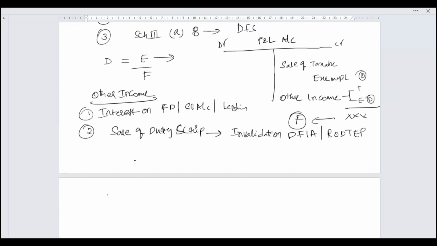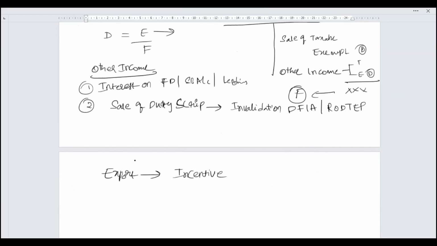When I export, government gives me an incentive. This incentive could be by way of duty drawback, I call DBK, or script. This exports comes under Ministry of Commerce. Quite interesting.